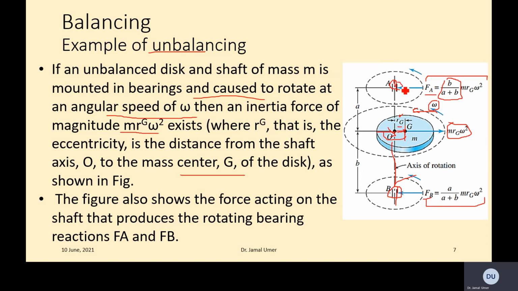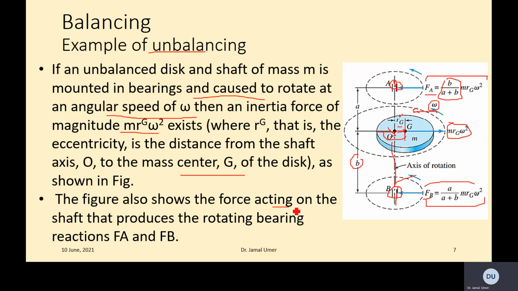So you have a simply supported beam held at A and B, with a point load, the inertia force mrg omega square, and you can find the forces at each bearing. So FB is B over A plus B, where B is this distance and A plus B is the total length. And for FA, this is A over A plus B, where the total length is A plus B. That's the way you find the forces.